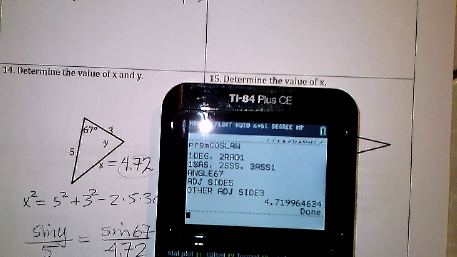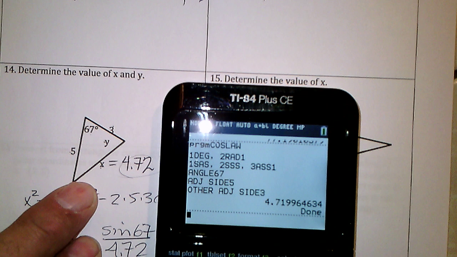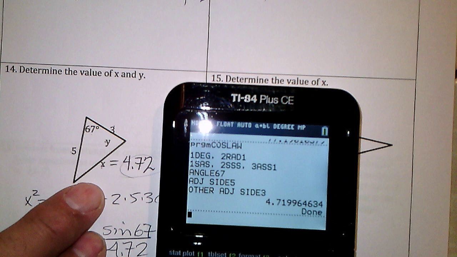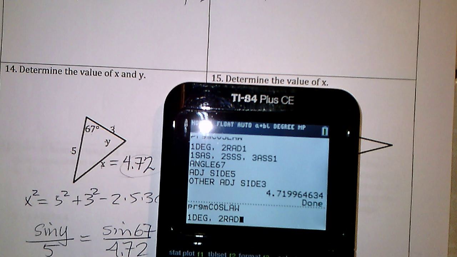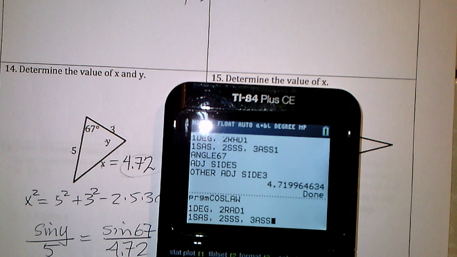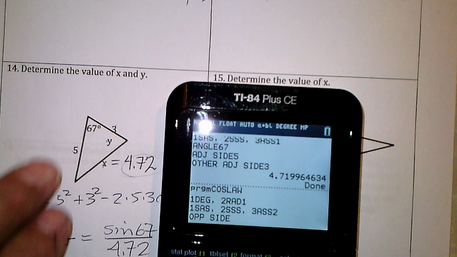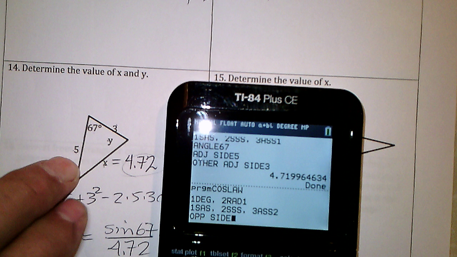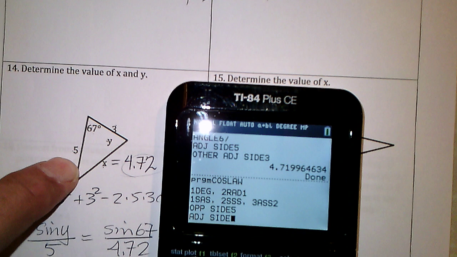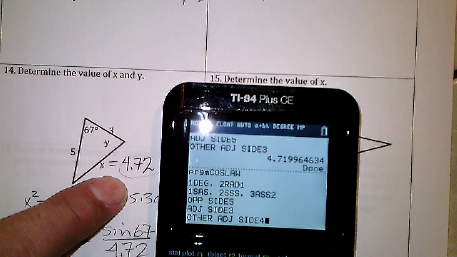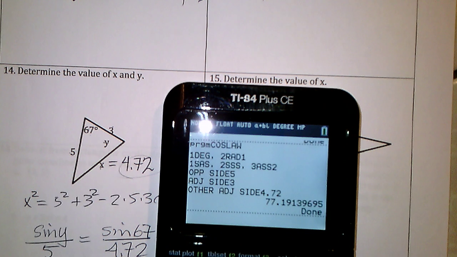And with the 3 sides, I can use law of cosines again, and do side, side, side. And I want the opposite of the angle I want, so that would be 5. Adjacent side 3. The other adjacent side is 4.72, and it says the angle is 77.2. All right.